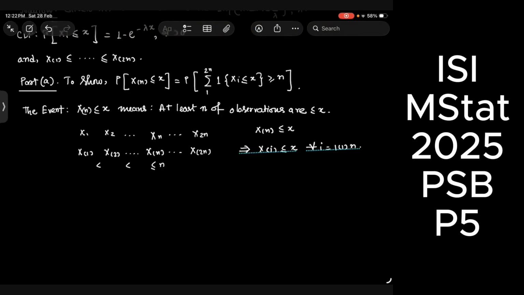Also these are independent. That's why Shantanu was talking of the multiplication of probabilities, but we don't need this over here. So this thing is already given, but it doesn't imply whether x order n plus 1 is greater than or less than x.